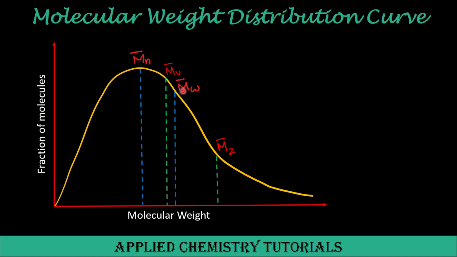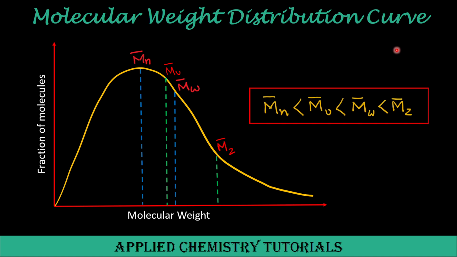Now we have seen Mv bar is in between Mn bar and Mw bar. So these are the four different molecular weights placed in a Gaussian curve which represents the molecular weight distribution curve of polymer. We can write it as Mn bar less than Mv bar less than Mw bar less than Mz bar. This is all about different definitions and expressions of the polymer molecular weight.